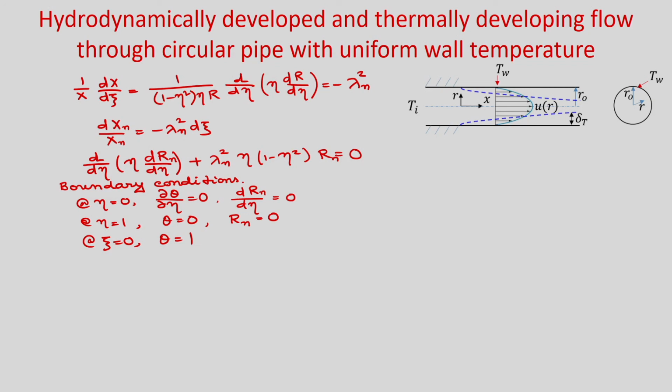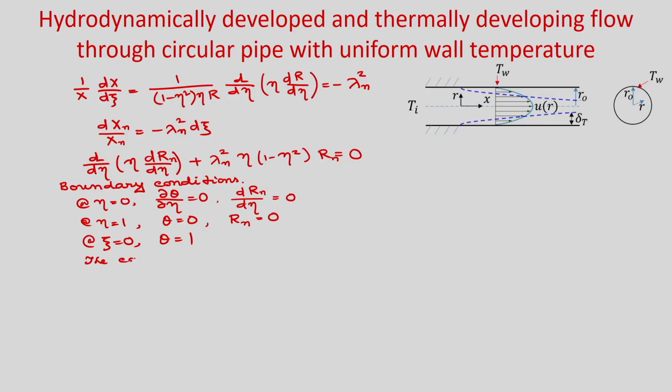Now you can write the solution, but you can see that for different values of lambda n you will get different solutions X n and R n. As the governing equation is linear, you can superimpose all the solutions. So, you can sum all the solutions for different lambda n, and it is possible as it is a linear equation.